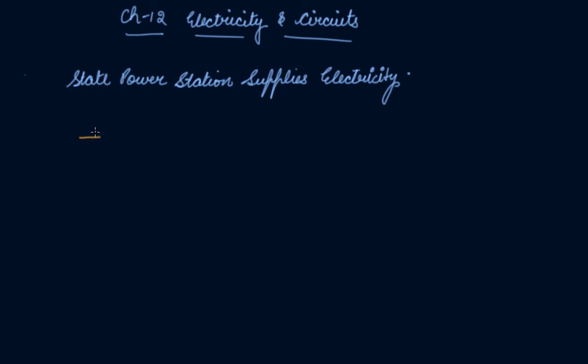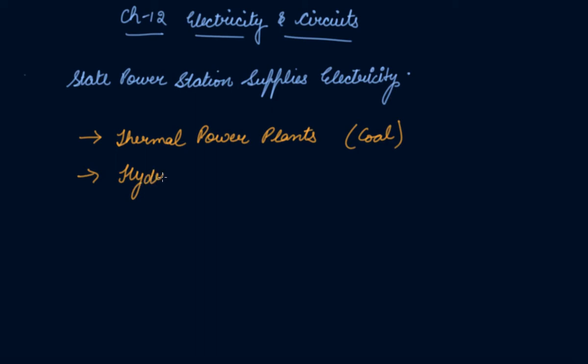There are different plants, thermal power plants, that use coal to generate electricity. Then hydropower plants that use water to generate electricity.